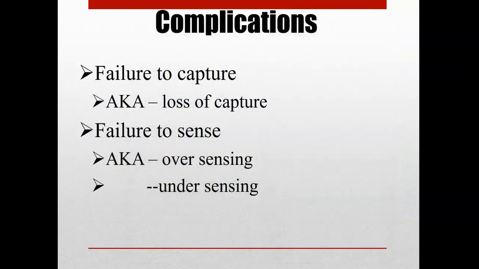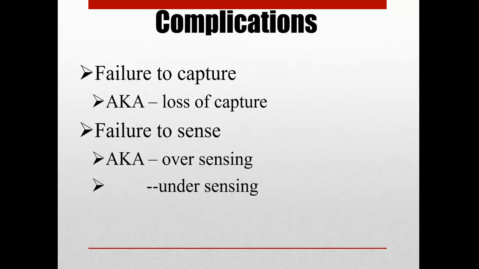So some complications that can happen with pacing. Obviously a failure to capture, or a loss of capture, is the biggest one, and a failure to sense, or oversensing or undersensing, are also really common. Failure to capture occurs when the stimulus is inadequate to generate depolarization of the cardiac tissue.